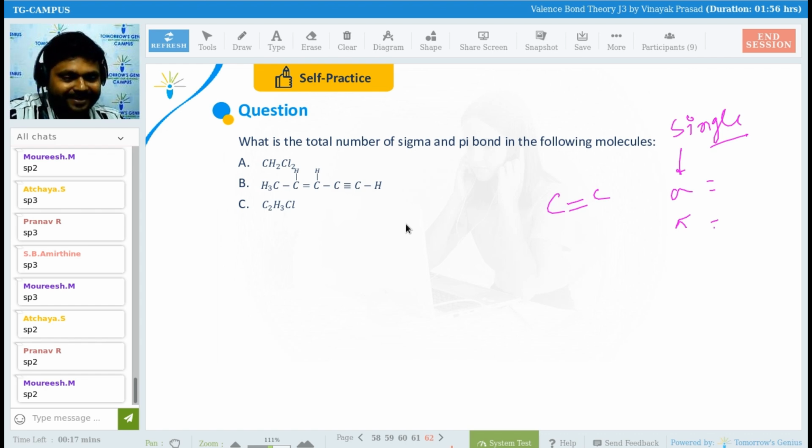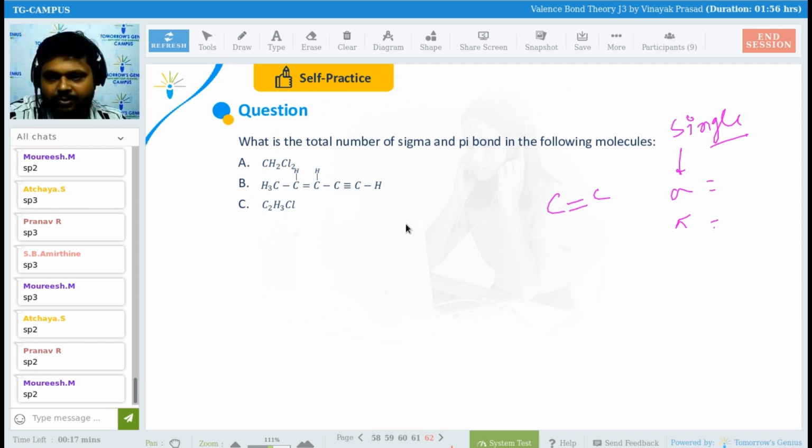Hearing or not, that I have to see. So 1 sigma and 1 pi will be there if there is 1 double bond.